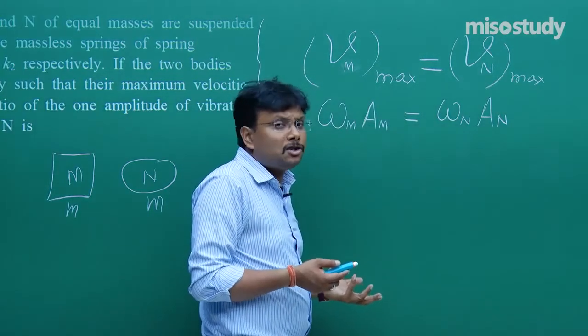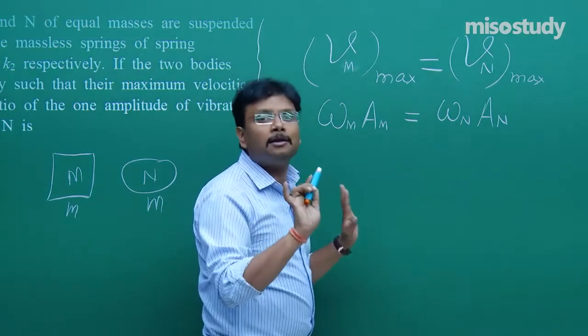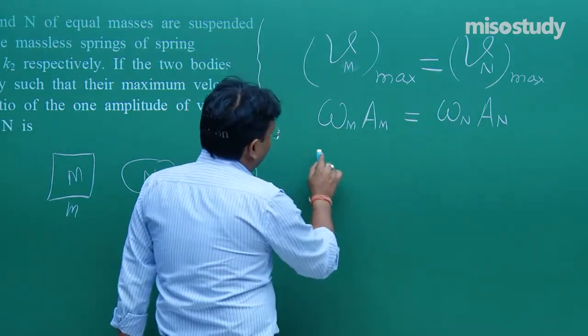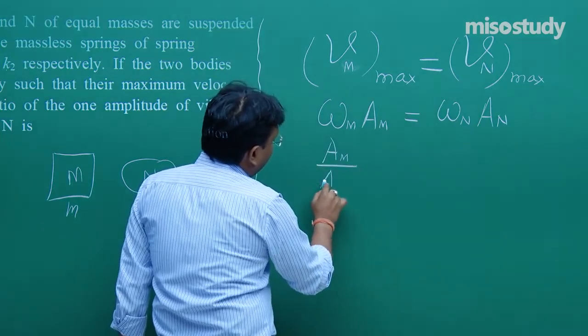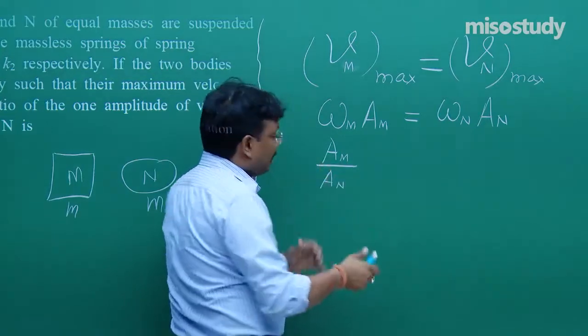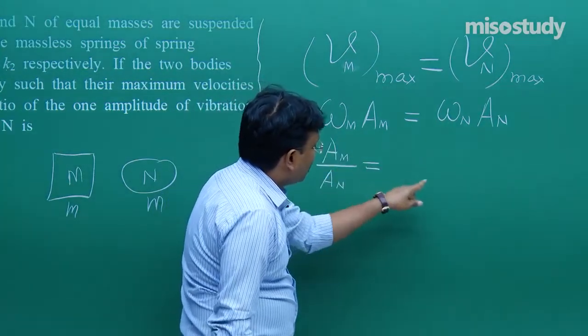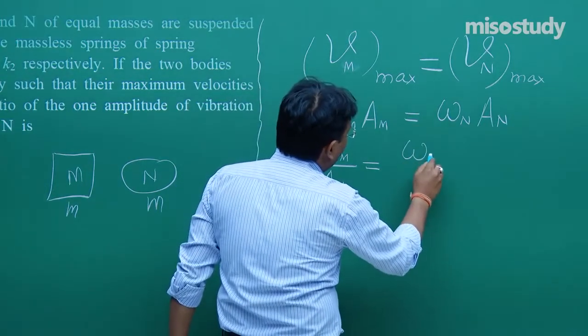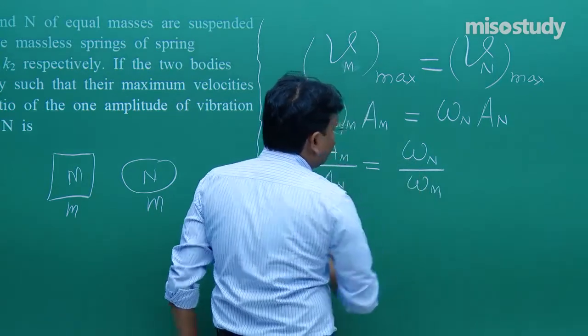You know that T is equal to 2 pi upon omega, or omega is equal to under root k by m. So A_M upon A_N, a very simple question with a slight twist, is equal to omega_N by omega_M.